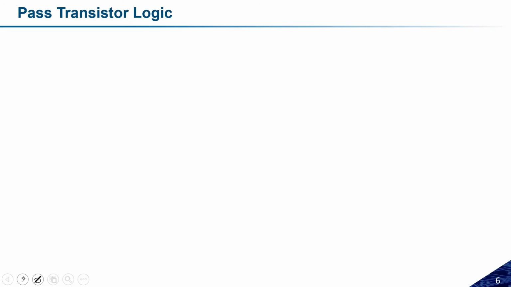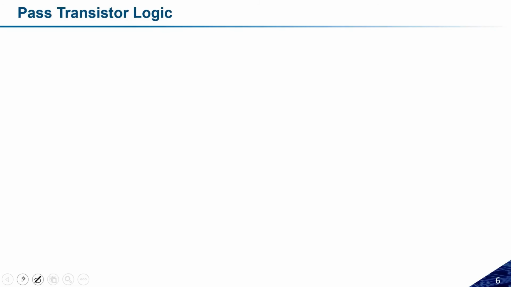The CMOS structure we have studied and the ratioed logic, these two kinds of logic style require VDD and the ground to operate the circuit. Whereas the pass transistor logic does not require any external supply voltage. Even the input logic can act as a source, or it can transfer the logic.